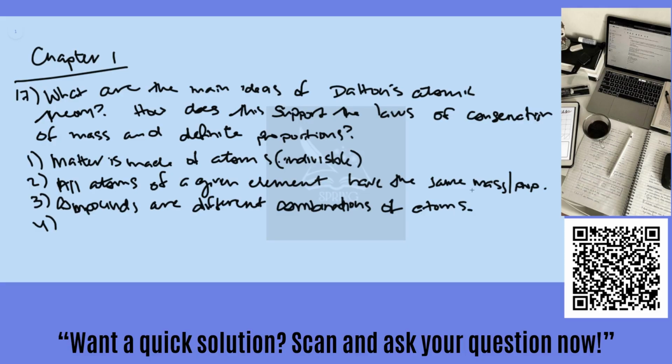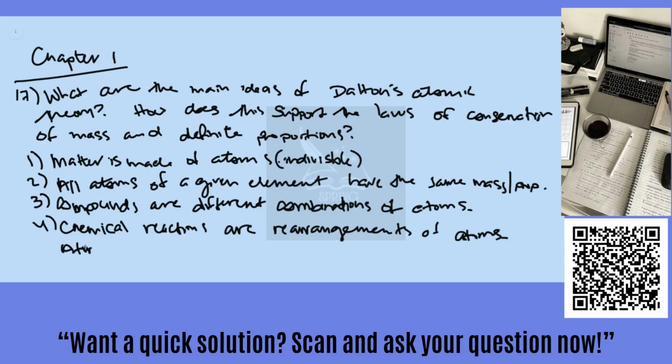And finally, chemical reactions are the rearrangements of atoms, instead of, for instance, atoms becoming atoms of other kinds of elements, which can't happen.